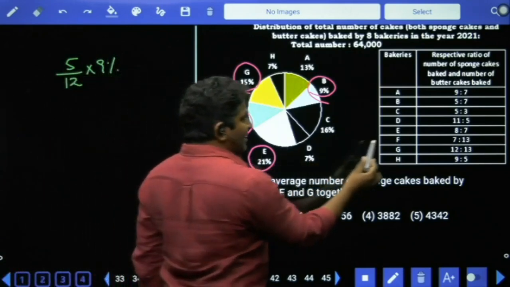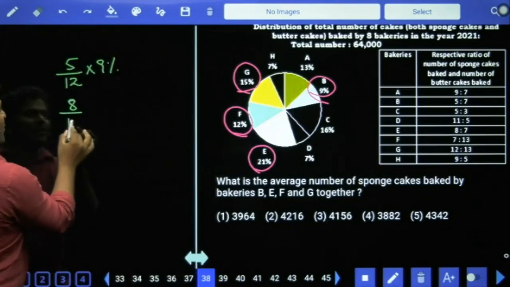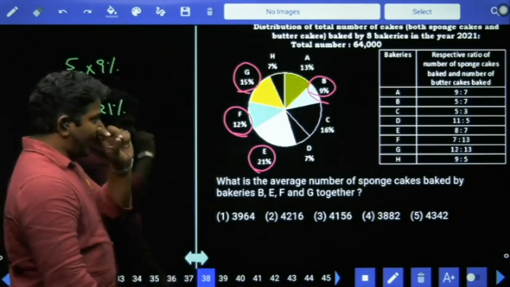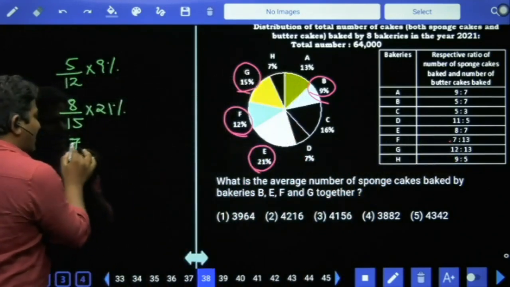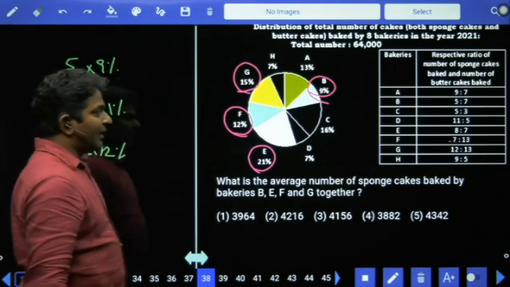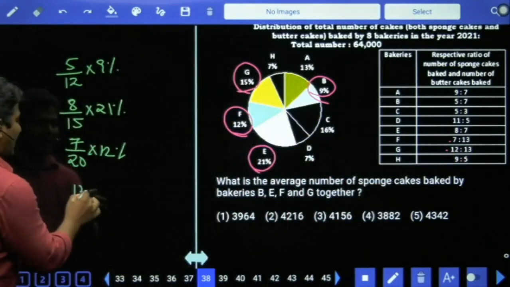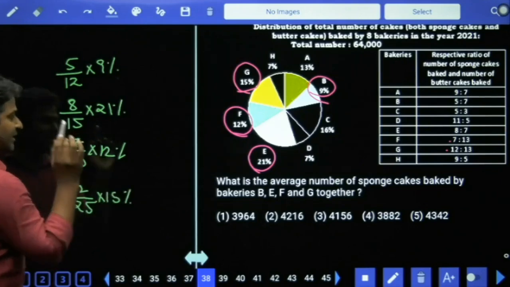And then in E, 8 out of 15 among 21%. And in F, 7 out of 20 among 12%. And in G, 12 out of 25 among 15%.